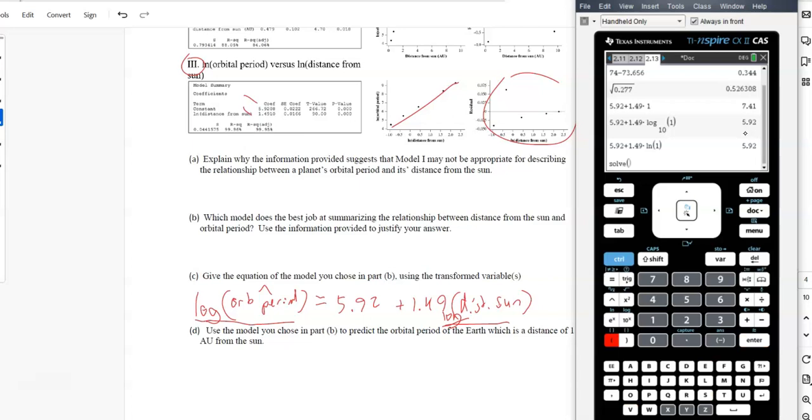So solve log of x equals 5.92, comma x, and we get 831764.